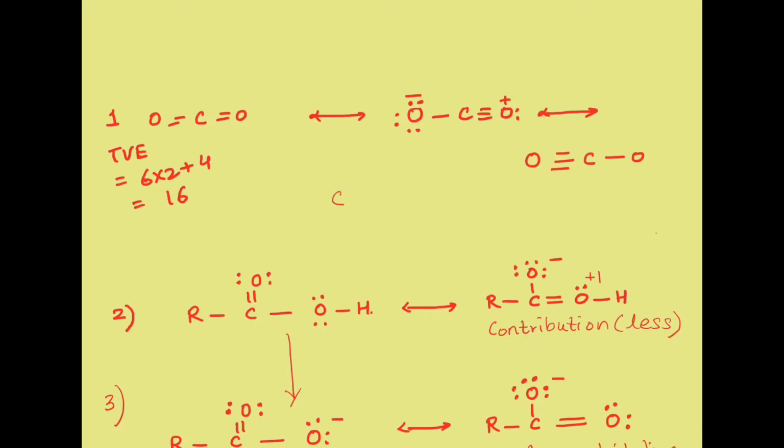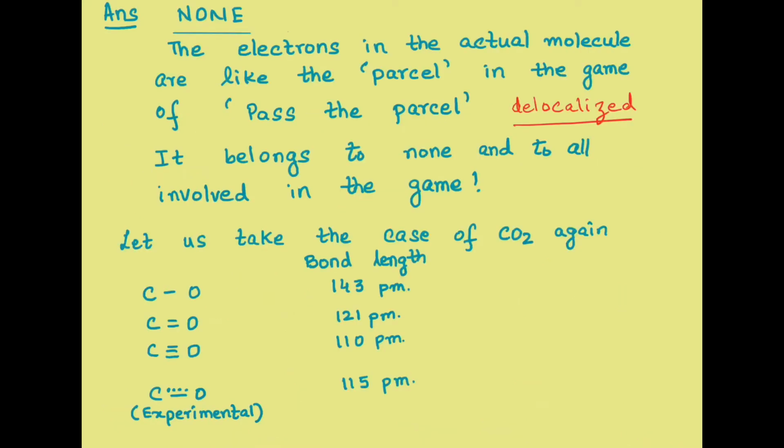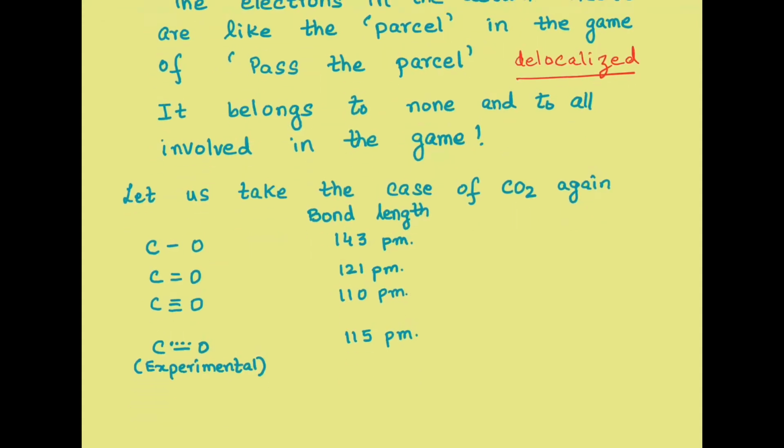So when I take the structure of carbon dioxide also, the actual behavior would be something like this. In between a double and a triple bond. Just like the parcel in the game of passing the parcel does not belong to any one person in specific, but yes, it belongs to all who are playing the game.